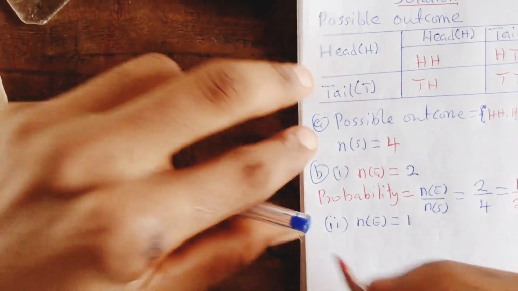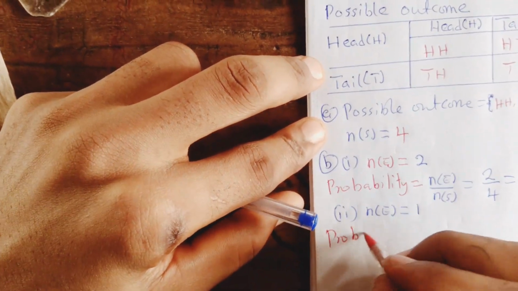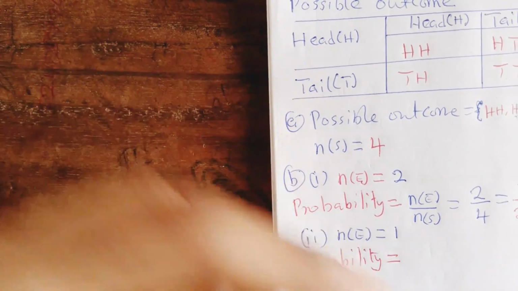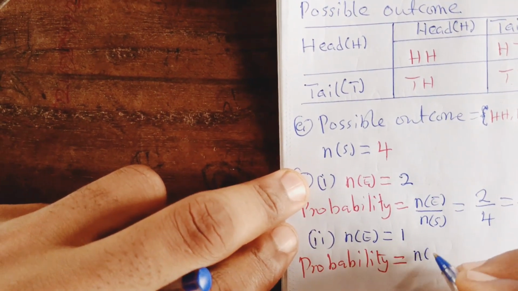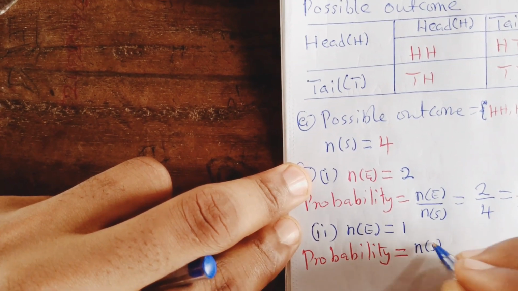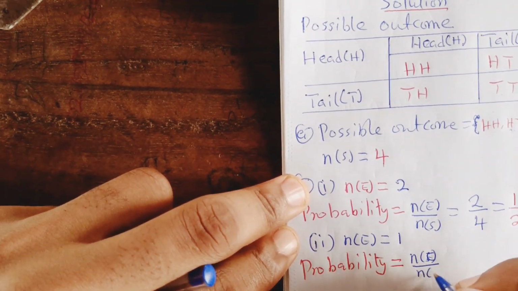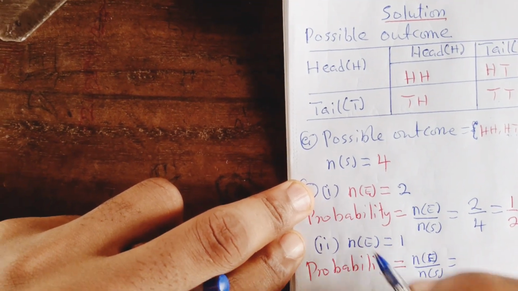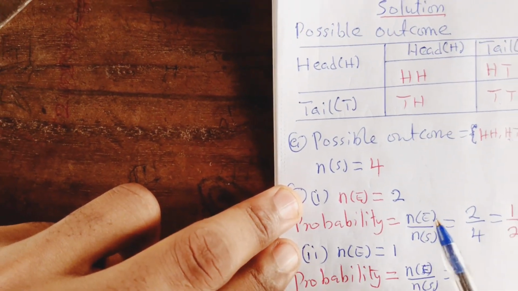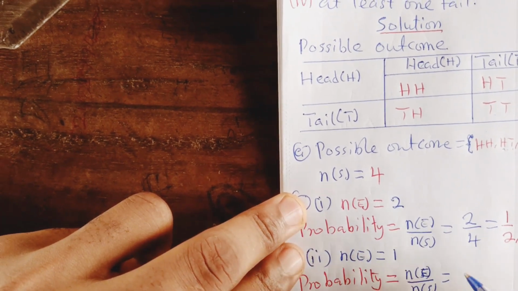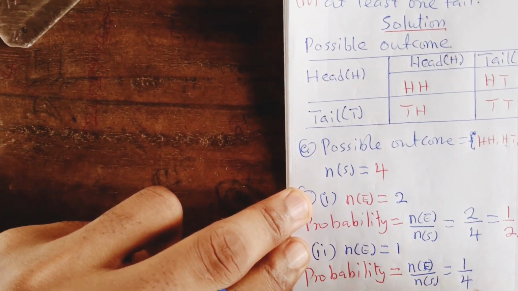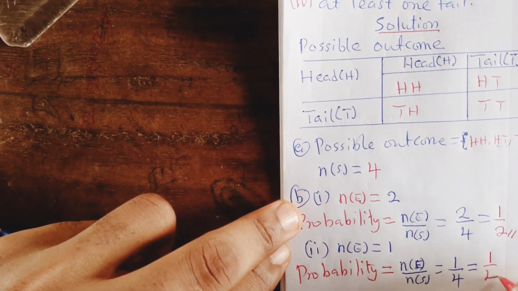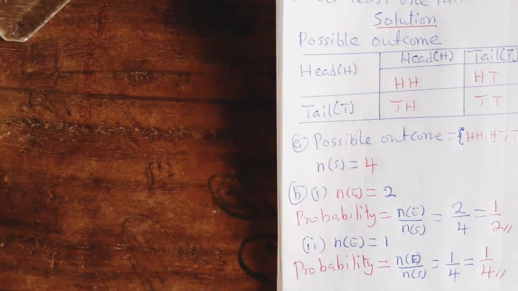So probability is equal to number of E over number of S, that's the event, that's the probability of obtaining exactly 2 tails, which is 1 out of 4. So the answer is 1 out of 4. That is for Roman number 2.